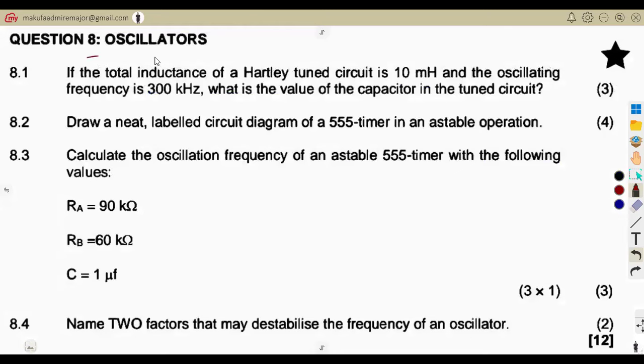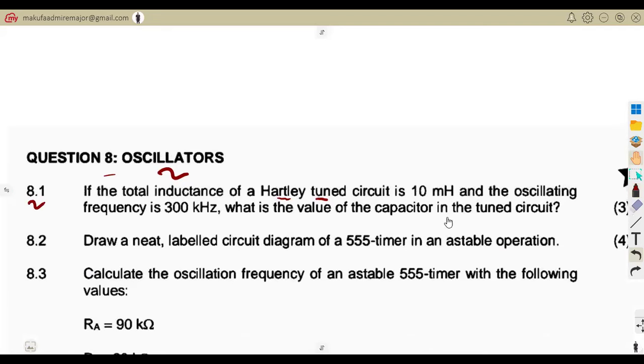Then on question number 8, which is part of our oscillators, we are given 8.1. If the total inductance of a Hartley, take note we are given a Hartley tuned, which means you're talking about a Hartley oscillator. Remember your formulas also if you're considering your oscillators.